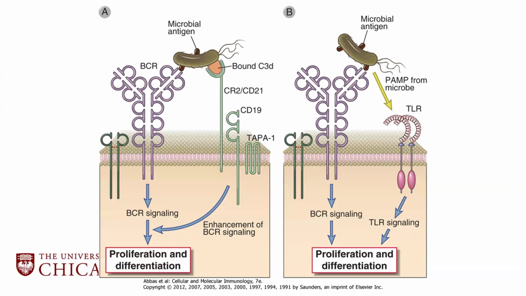Okay. So here is that complex that we're talking about. So you have your B cell receptor, essentially the IgM, but then you can have this co-receptor, which is your complement receptor 2 or CD21, complex with CD19, and then the bound complement, which is already opsonized, this microbe. And this can enhance the signaling.